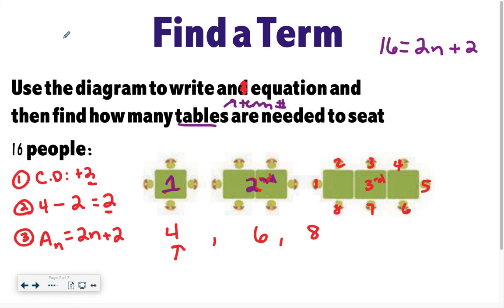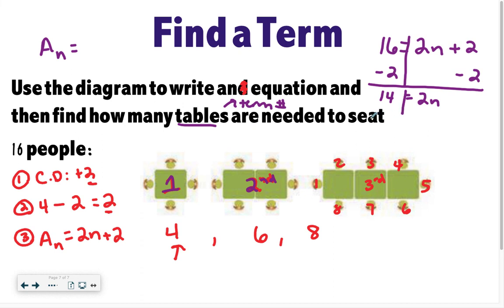So in past examples, we were plugging in the term number that we knew, right? This time we're trying to find out what term number that is. So now I'm going to solve this. So I start by moving the number that's not touching the variable to the other side. So I'm going to subtract 2 from both sides. So I have 14 equals 2n.